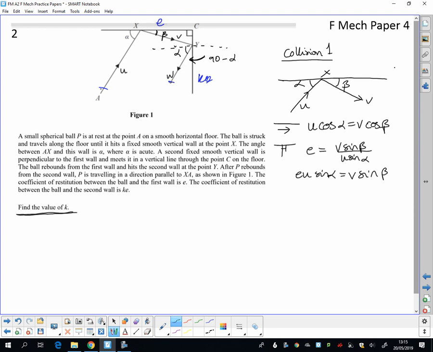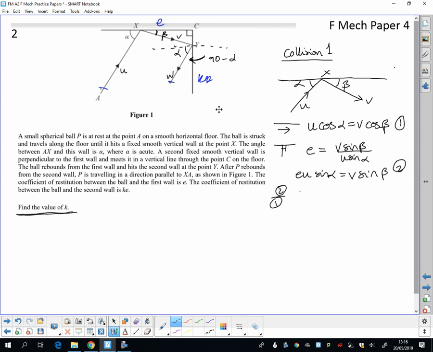So here I've got two equations, 1 and 2, and you should be able to see that if I do equation 2 divided by equation 1, I'm going to end up with e u sin alpha divided by u cos alpha.